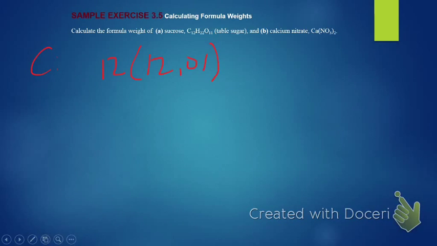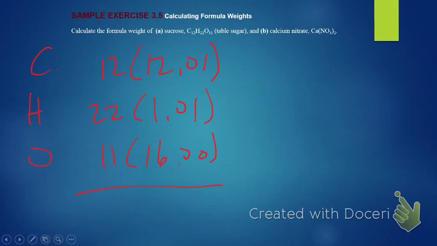I would get that from the periodic table. Plus, each hydrogen is 1.01, and we have 22 of those. And then we have 11 oxygens, and each oxygen is equal to 16.00.